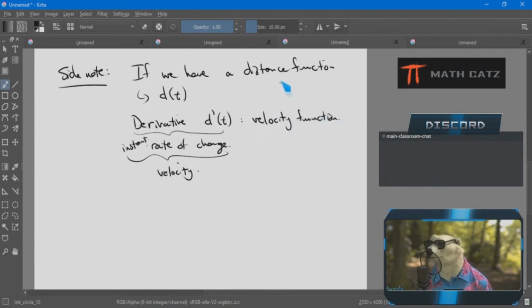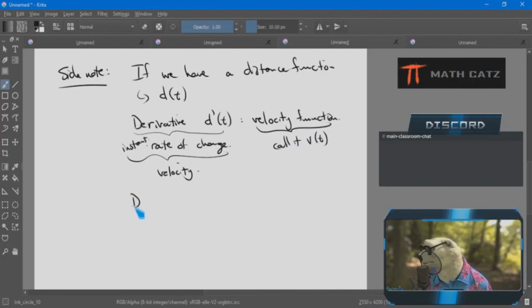So distance, or position, I guess is more accurate, and velocity are related through this derivative, through this rate of change. And let's call this v for velocity.